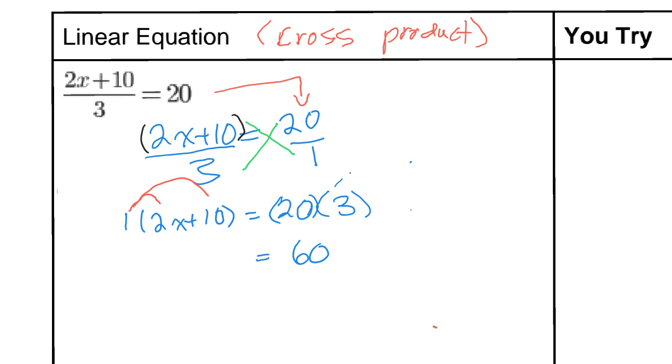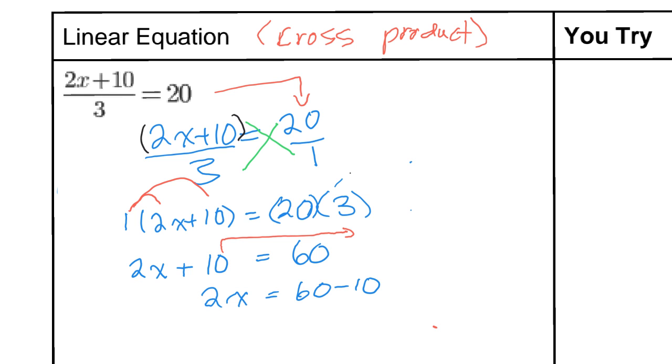So we end up with 2x. 1 times 2x is just 2x, and then 1 times 10 is just 10, so we have plus 10. And now we're back to doing what we used to do before. We understand how to do it now, right? We're going to take all the 10s and move them over to the right side. We take all the numbers and move them over to the right side, because all our letters are on the left side. So we'll just leave 2x by itself, and we have 60 minus 10.